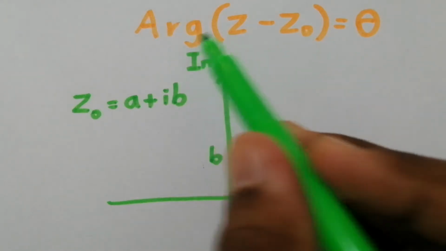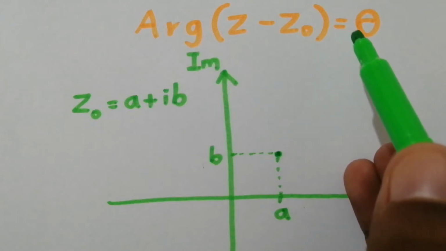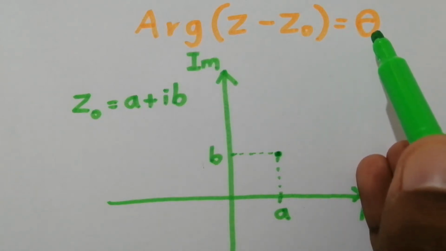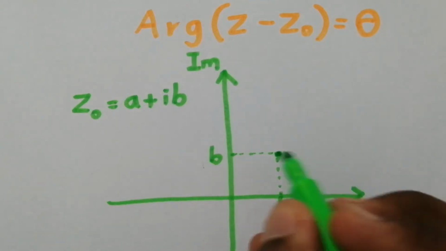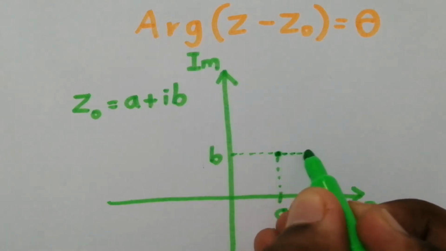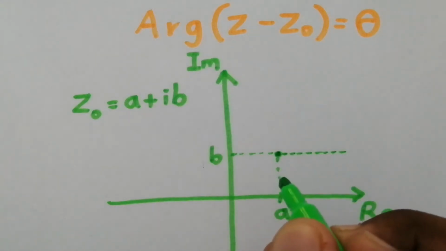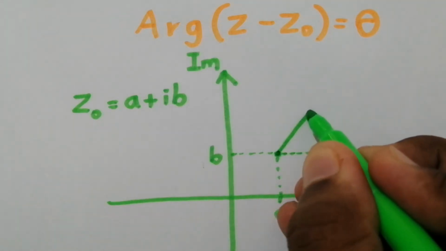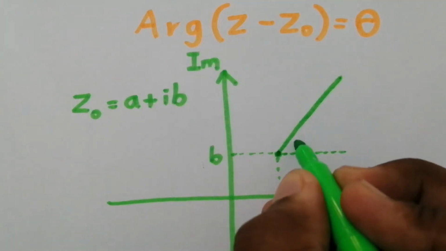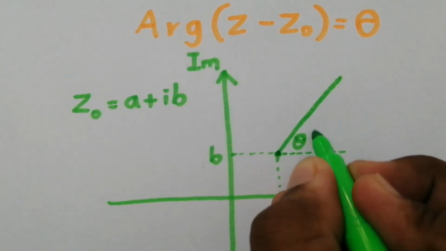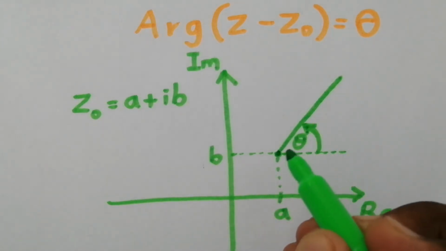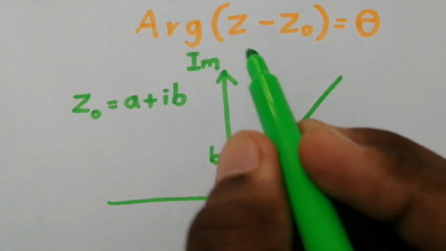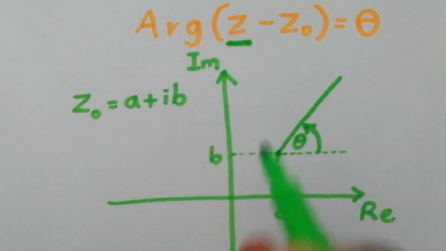Then the argument value is a constant value, theta degrees. Then starting from this terminal line, I should mark a straight line path forming the angle theta degrees. Then this is the path of the complex number z.